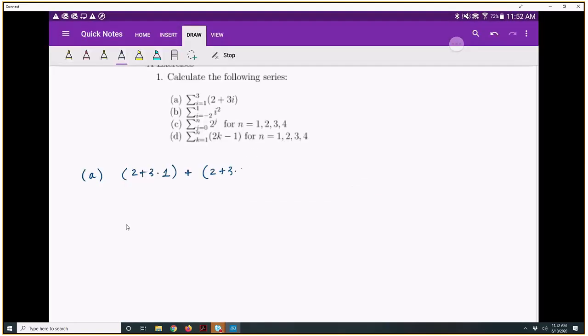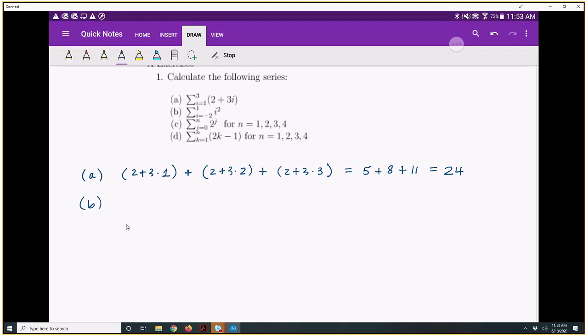And again, add 2 plus 3 times 3. And 3 is my terminal index, so now I can stop. If I simplify, this is 2 plus 3, so 5. The second term is 2 plus 6, which is 8. The third term is 2 plus 9, which is 11. So the sum is 24.